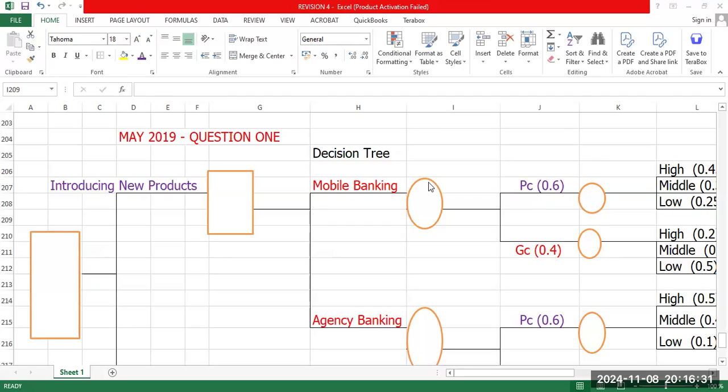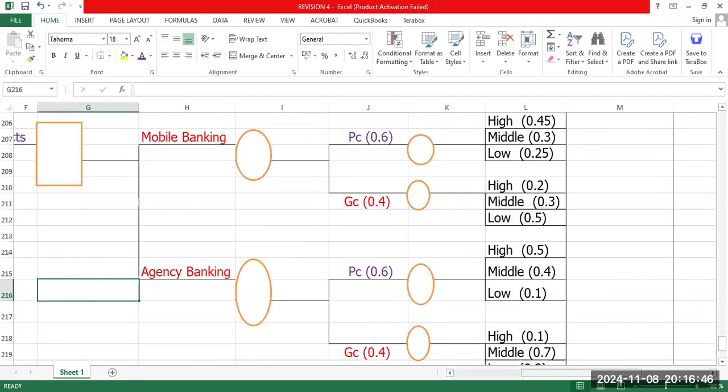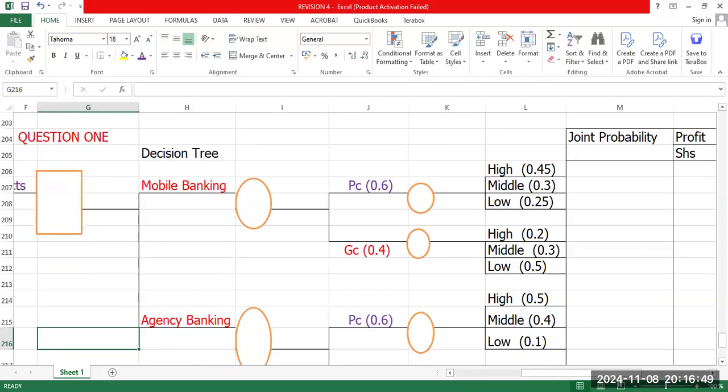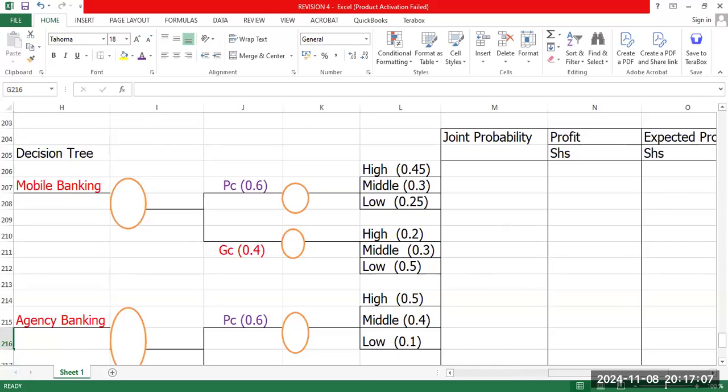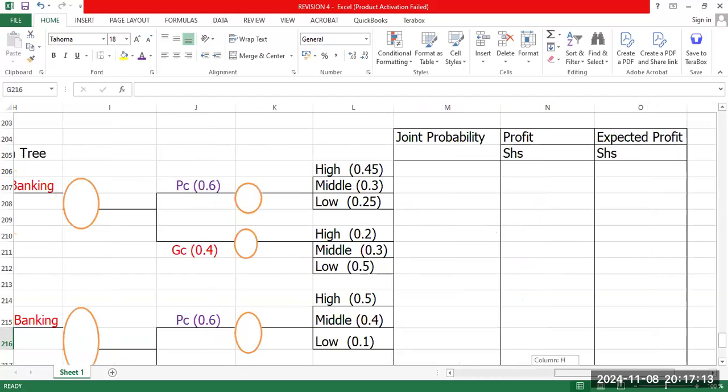Put some speed. I want this branch for mobile banking because this is a new product.